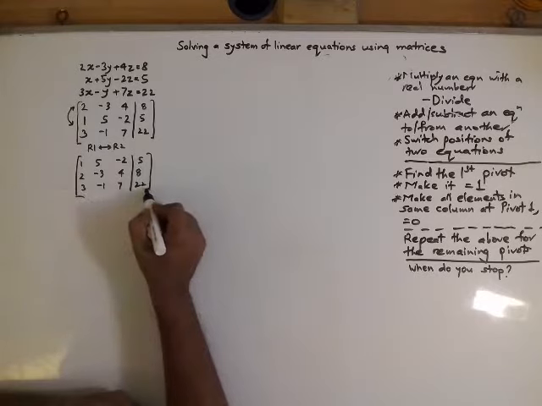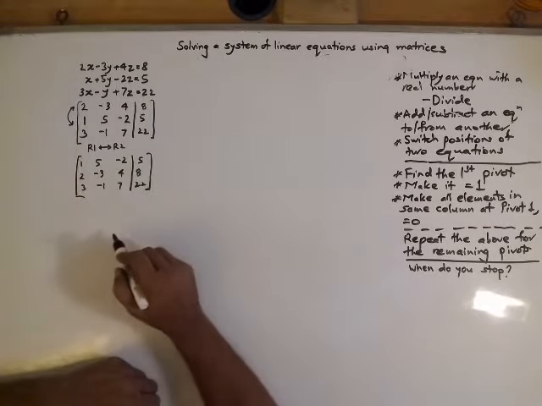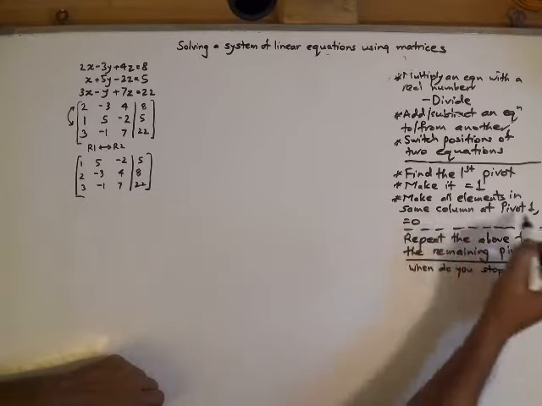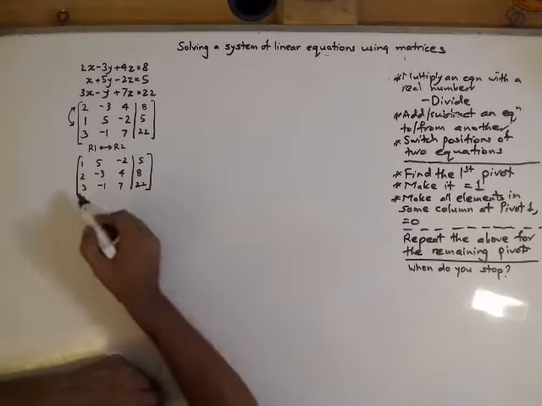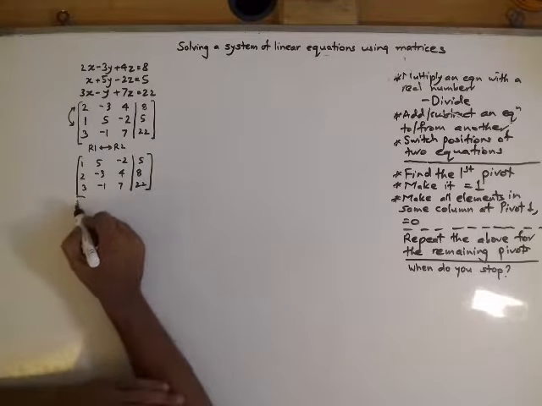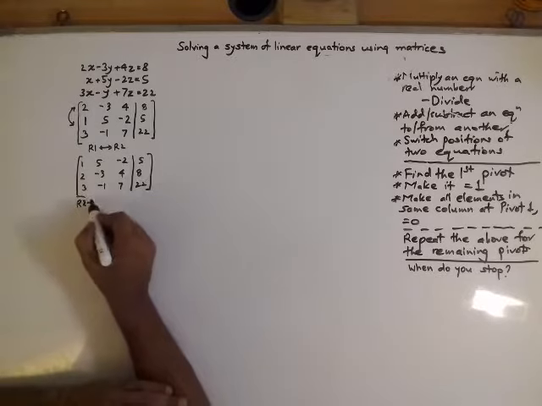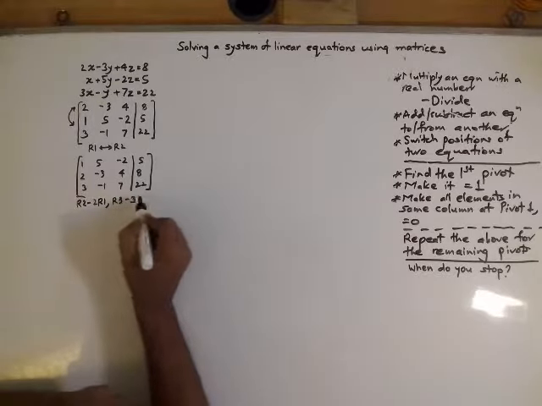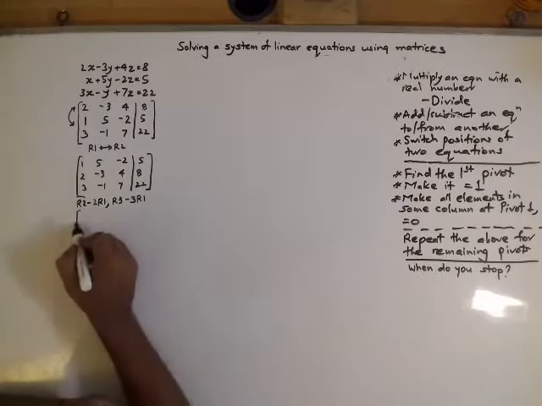We just exchanged row 1 and row 2. The next thing we do is make all elements in the same column of the pivot 1 equal to 0. That is, we need to zero this out and this out. So I will do R2 minus 2 R1, and R3 minus 3 R1. Let's see how that works out.